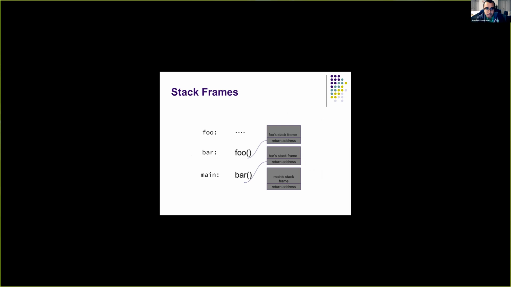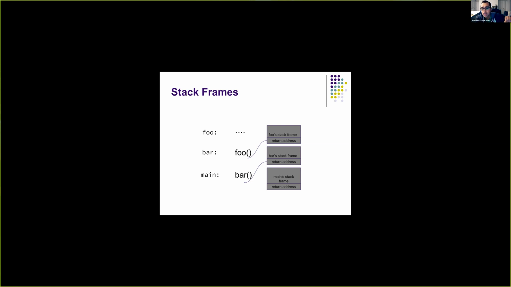The way stack frames get organized and the way functions use stack frames is as shown on the slide. Here in main, when we call bar, a new stack frame gets created on the stack, which contains all the contents of bar, and it also has a return address that points to the next instruction after the bar call.